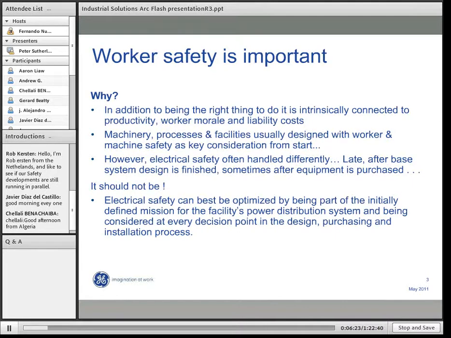You think about safety from the beginning when you are designing an electrical system, so that you consider that when starting from laying out the single line diagram to selecting the equipment, determining the operating modes, the whole process has to take safety into consideration.